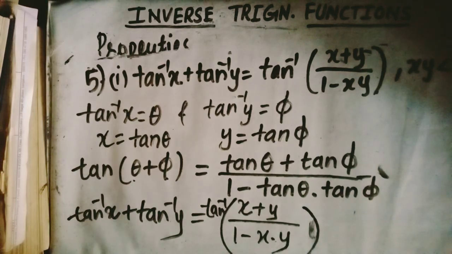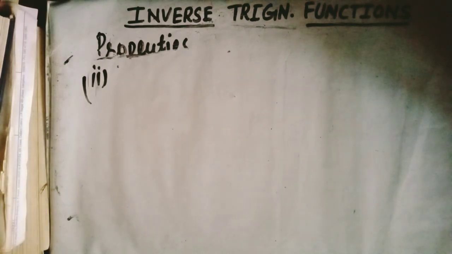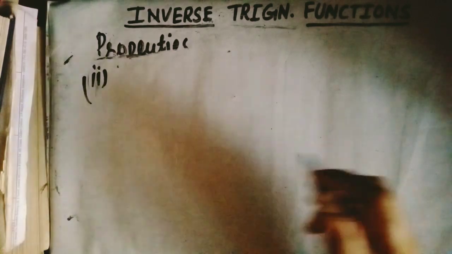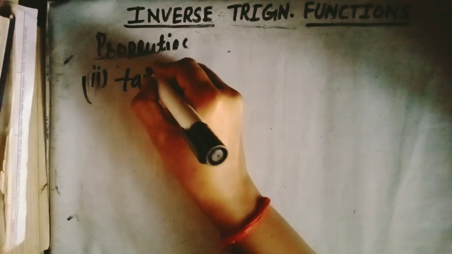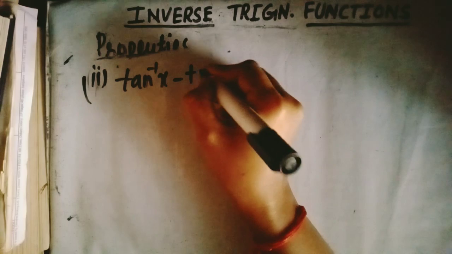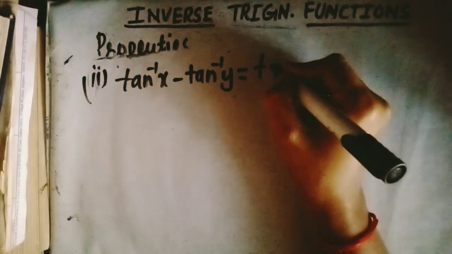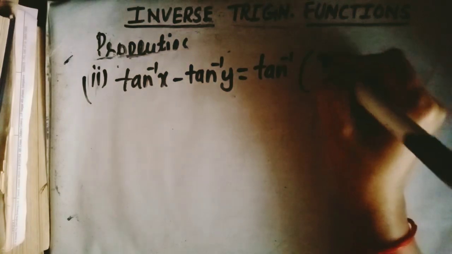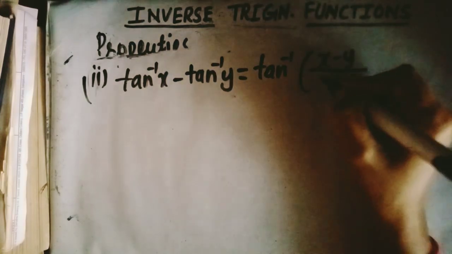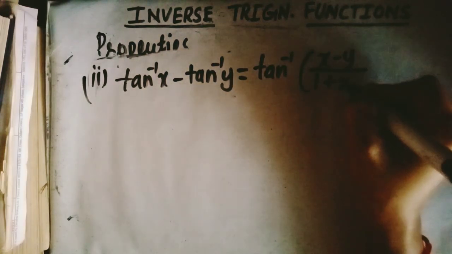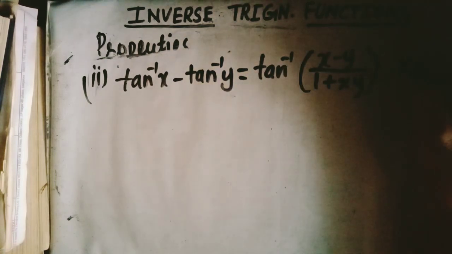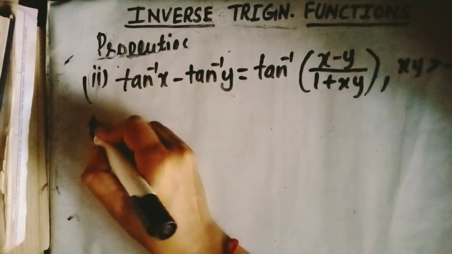So I'll just write the second property: tan inverse of x minus tan inverse of y is equal to tan inverse of x minus y upon 1 plus xy, where xy is greater than minus 1.